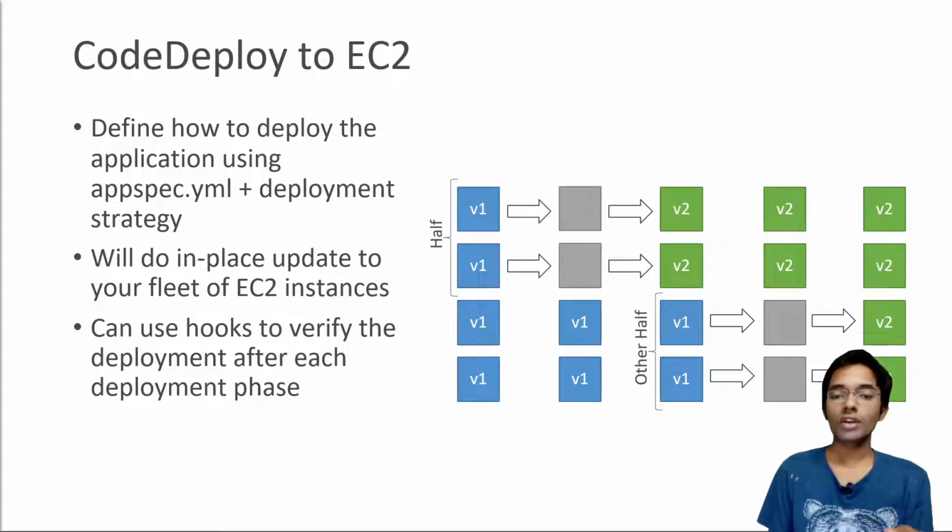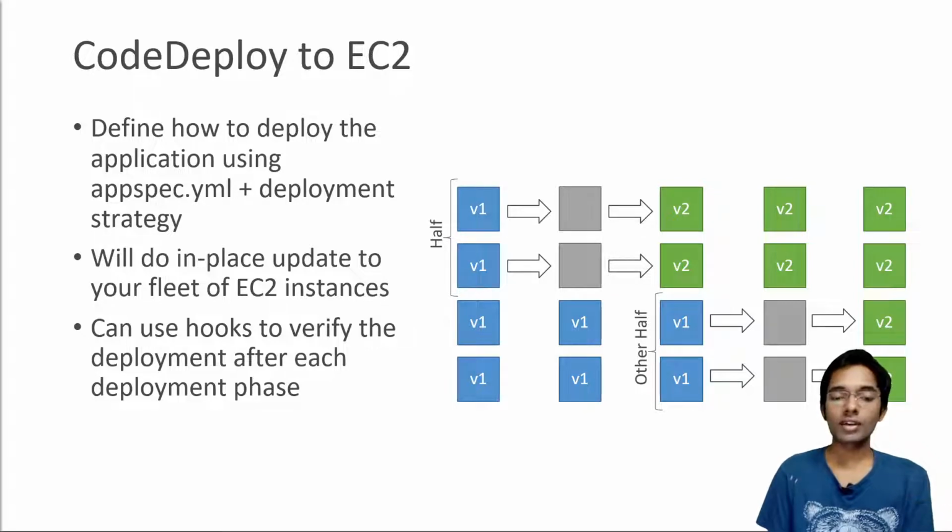So now we are running half of the EC2 instances on version 2 and half on version 1. Then we take the other half down, and CodeDeploy will do this for you obviously, and then those instances will be upgraded to version 2, and we have successfully performed a half at a time CodeDeploy deployment into EC2.